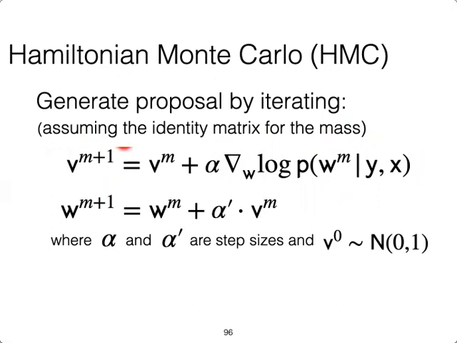We update our v variable with that, and we take v and update our w variable. And we will run this back and forth several times. After capital N steps, we will generate a proposal, W star, and plug it into the algorithm we showed before. As you can imagine, this gradient information helps us a lot, right? Because this tells us how to travel around the posterior much more efficiently than just some naive proposal Q.